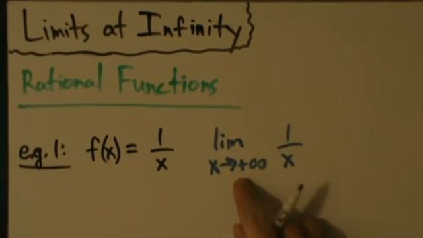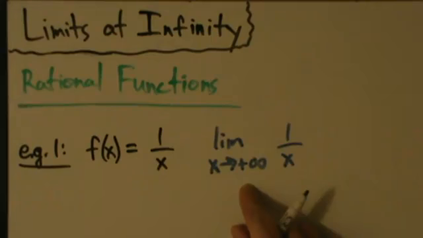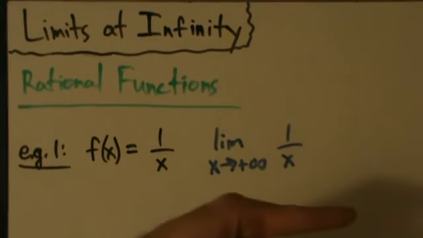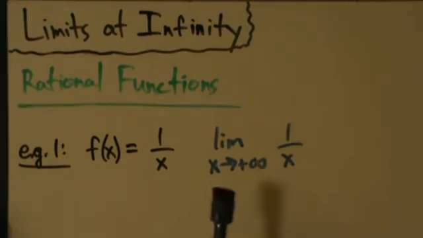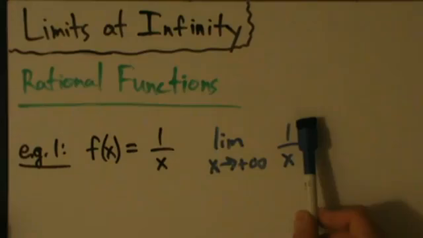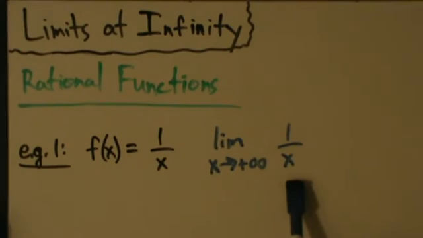So the idea here, when x goes to positive infinity, basically what that means is it's just shooting off really far to the right in the positive direction there. And basically the idea is that x is getting really super huge. So what we have here is 1 divided by super huge numbers, all right?